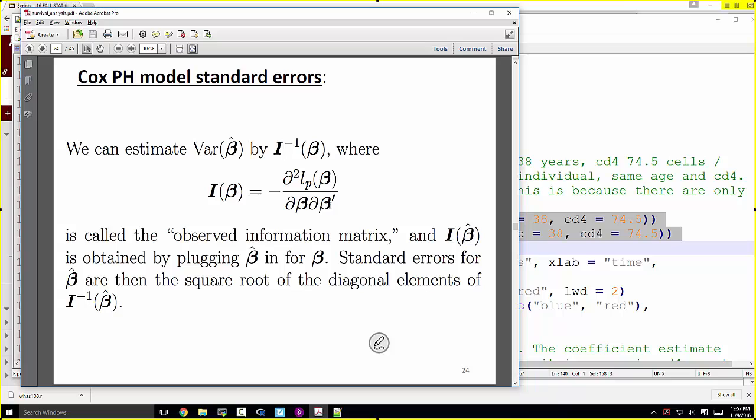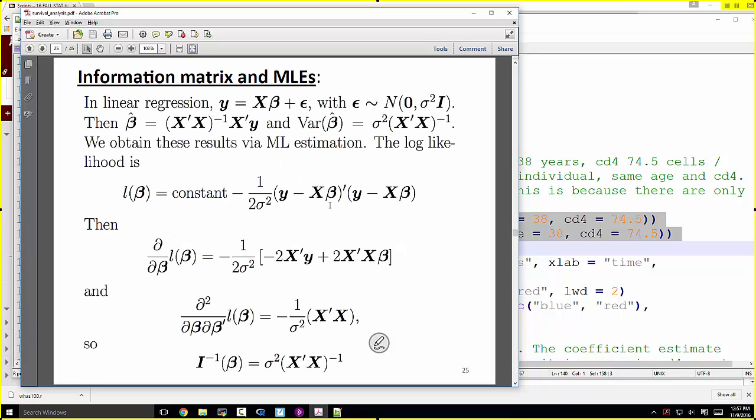We can also get standard errors for the coefficients, and in fact all the covariances between the coefficients as well, like a full variance covariance matrix for the betas, using what's like maximum likelihood theory. I'll let you look at that if you're interested.